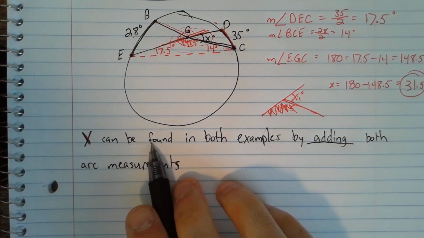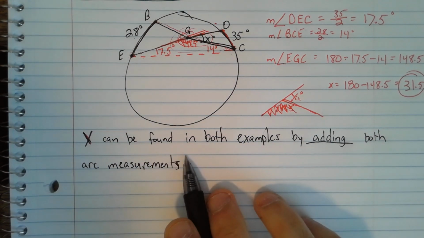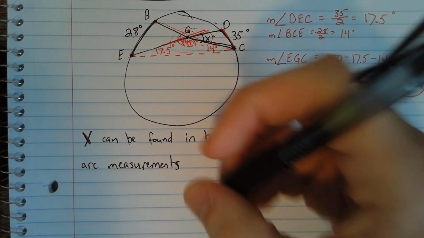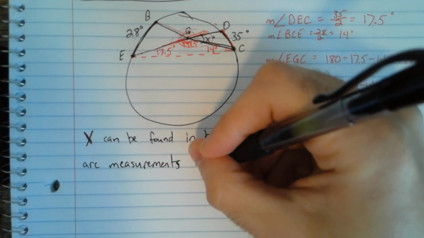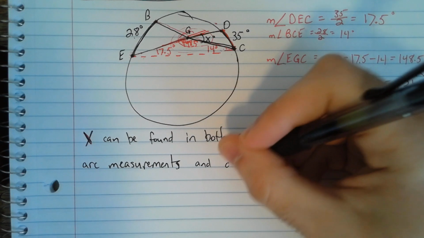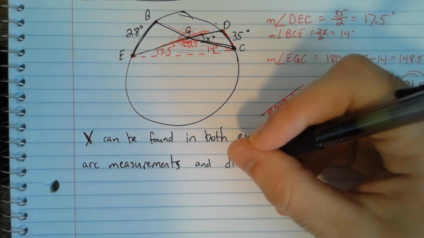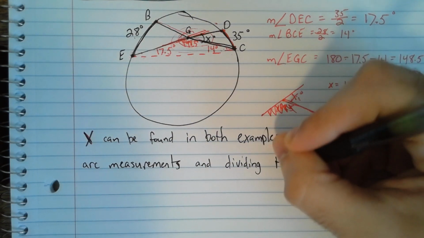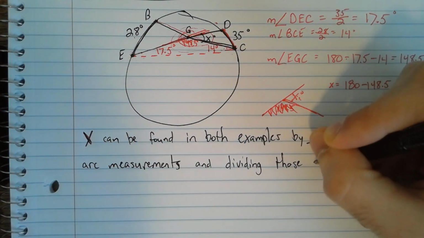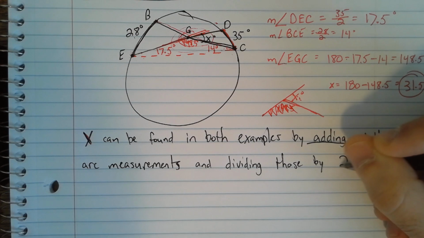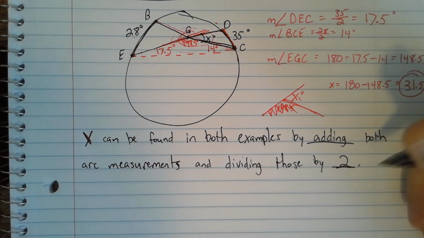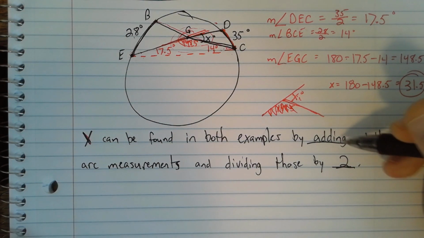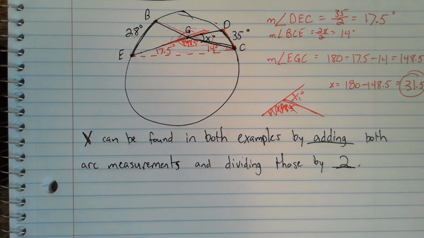So x can be found by adding both arc measurements together and then dividing those by 2. So adding and 2 go in those 2 blanks. And we can test that.